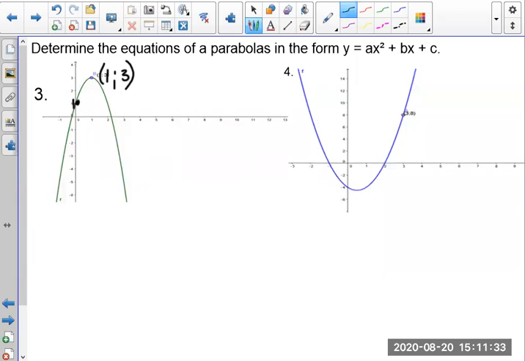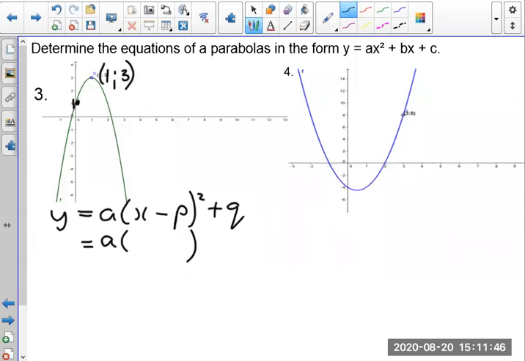So you're going to start with the equation where you have the turning point. Substitute, you want to calculate a. You know that x and y are the coordinates of any other point. Now you must realize that the y-intercept that they've given me here has coordinates 0 and 1.